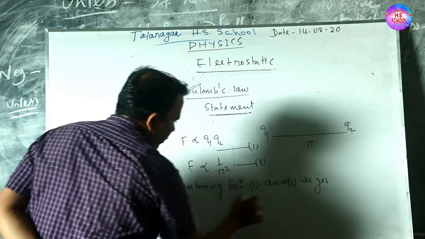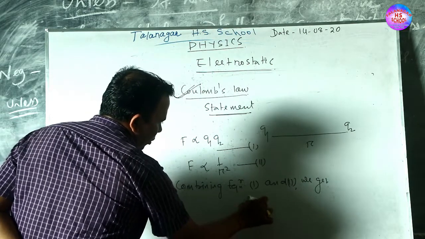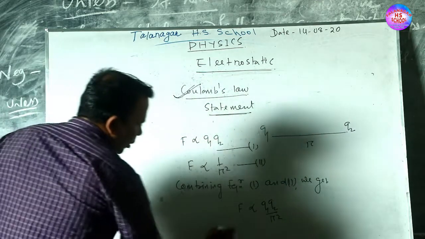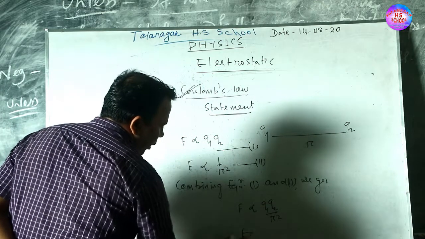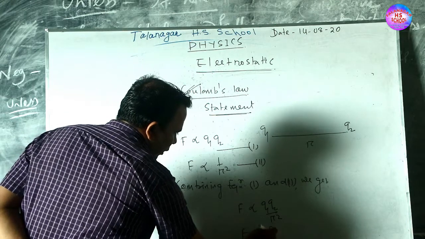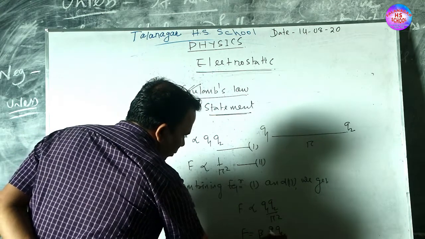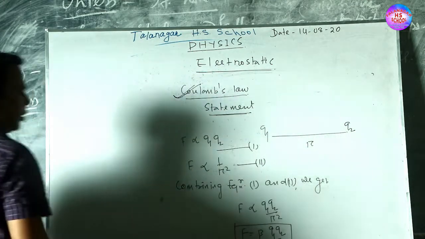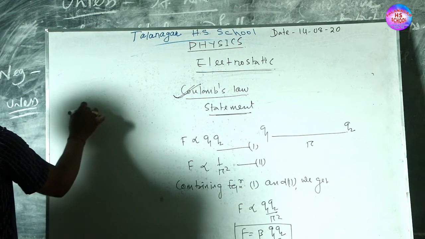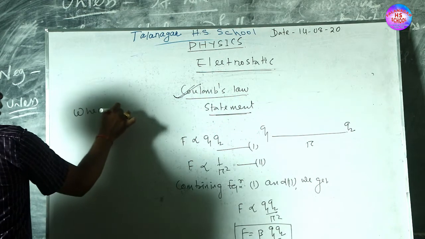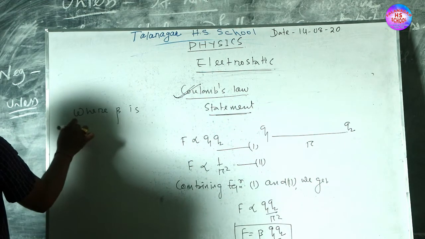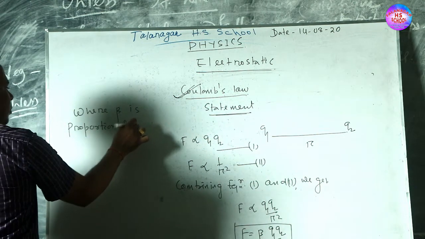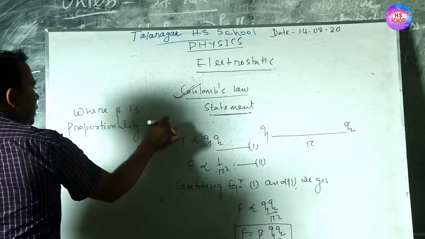we get F is proportional to q1 q2 by r square, and F is equal to, taking some constant beta, beta q1 q2 by r square, where beta is the proportionality constant.